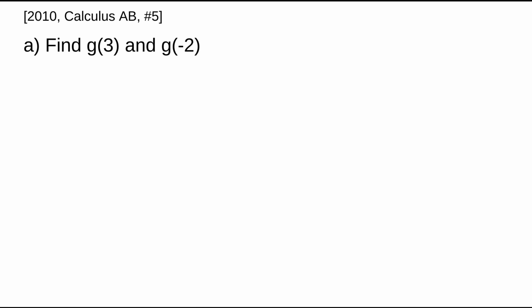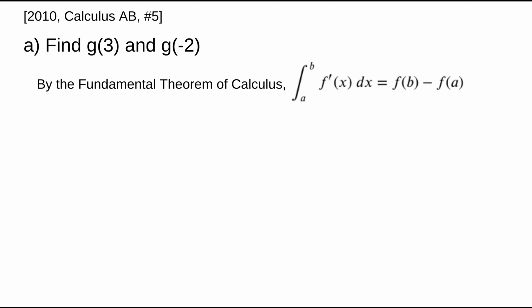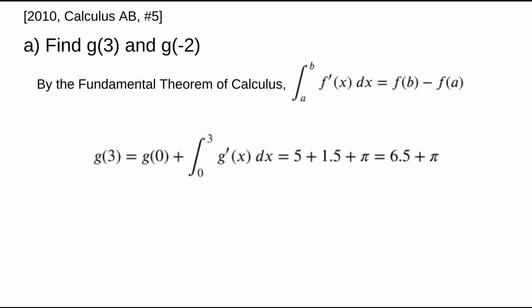All right, so this is pretty much a straightforward fundamental theorem of calculus problem. The integral from a to b of f prime of x dx is f of b minus f of a. So we can find g of 3 by thinking of the integral from 0 to 3 of g prime of x dx, and then just adding g of 0 onto that.